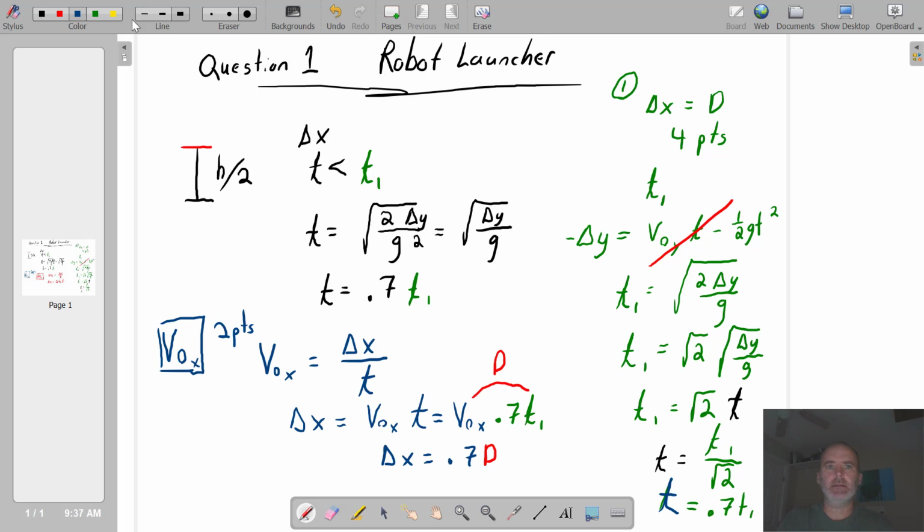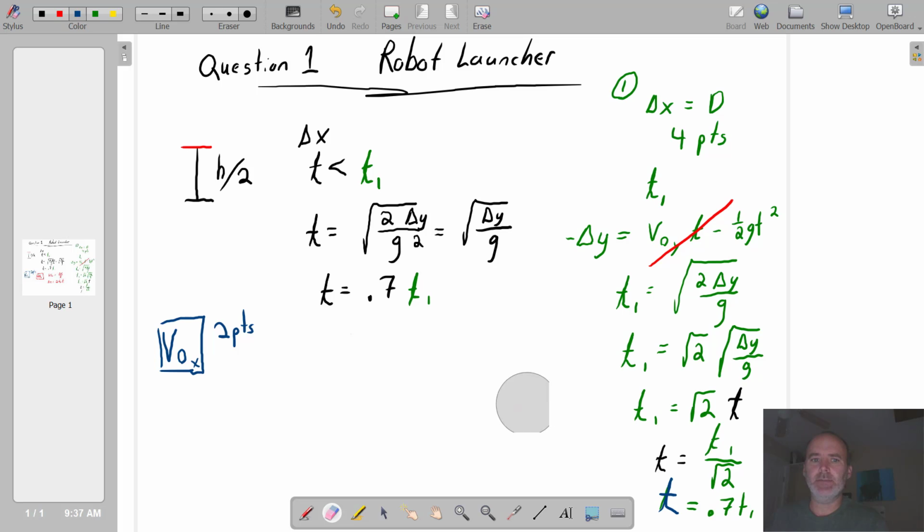All right, let's look at what happens now if I have the same height, but I start shooting it off at 2 times v0x.